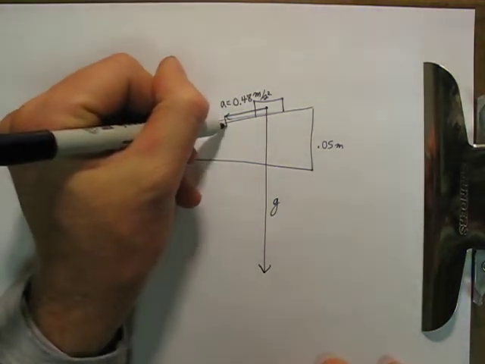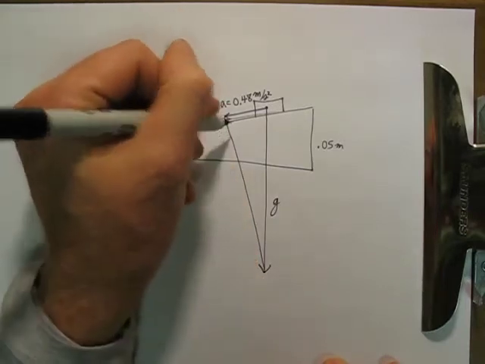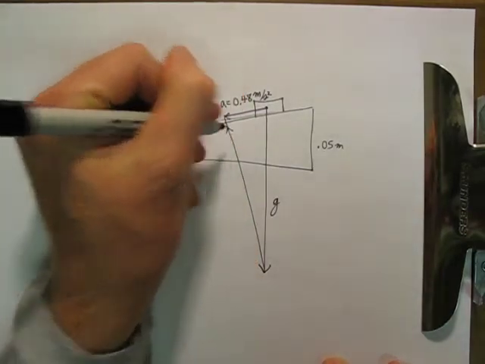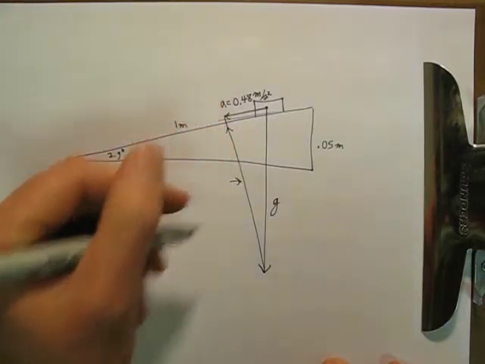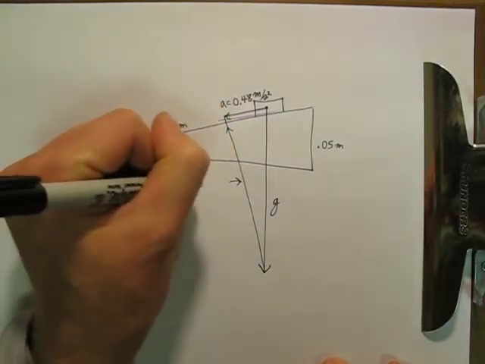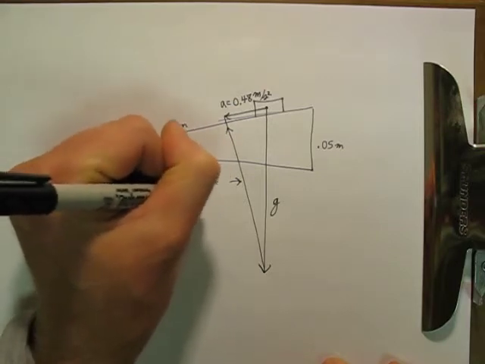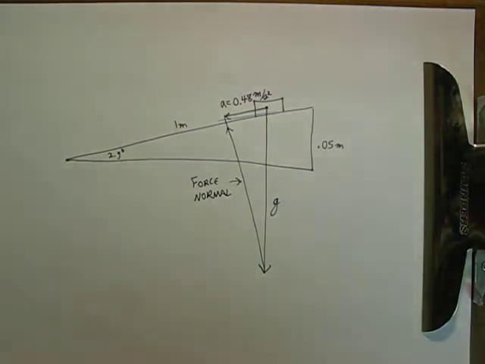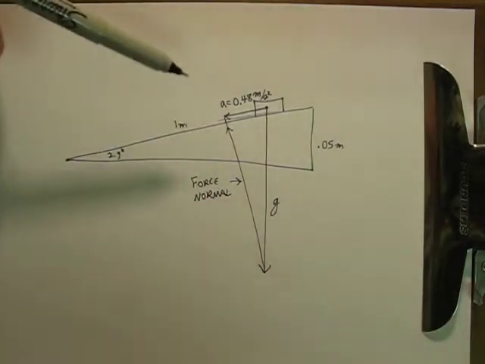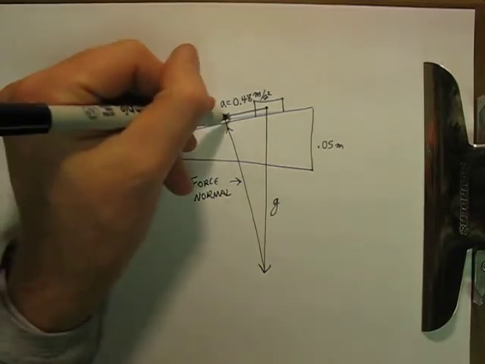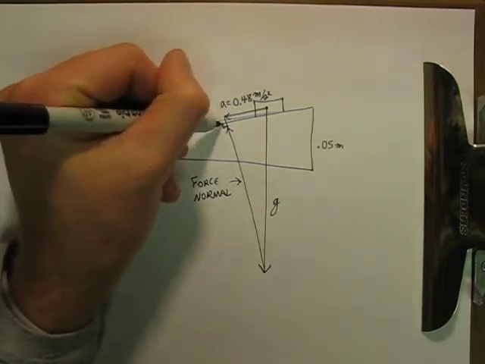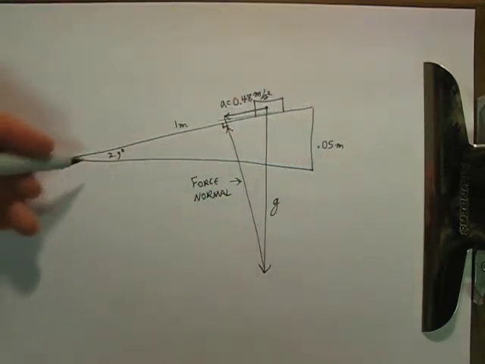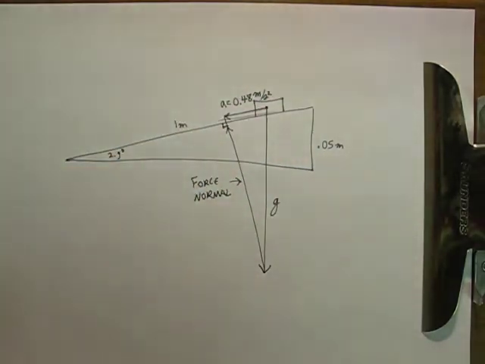Now I'm going to connect up this triangle, and here we're going to call this force normal later. We're not talking about forces yet, so for right now I'm going to ignore what I just drew right there. But that's going to be force normal when we talk about it later, and the normal force is always perpendicular to a surface. So the surface of the incline is right there, and force normal is perpendicular to the surface.